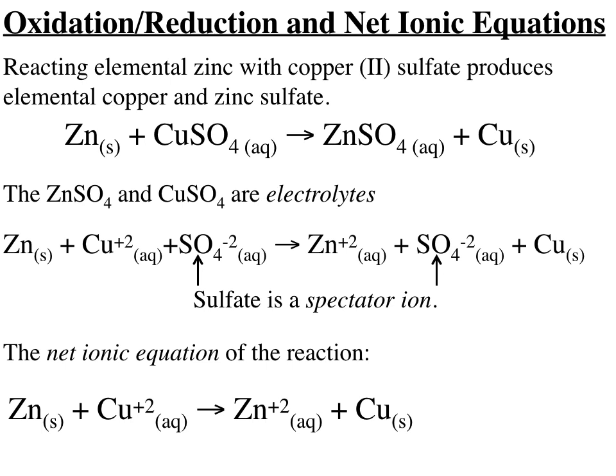So I can eliminate the spectator ion from each side, and I can end up writing what we know to be the net ionic equation, or really where the action is in this particular chemical process. Elemental solid zinc reacts with copper 2 cations dissolved in water, forming zinc 2 cations dissolved in water and elemental copper.